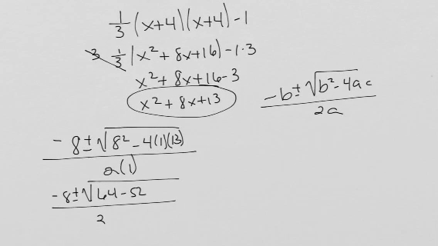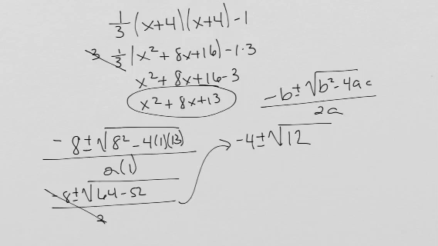If I simplify inside of the radical and outside of the radical, I know -8 divided by 2 is -4, plus or minus the square root of 64 - 52, which is 12.